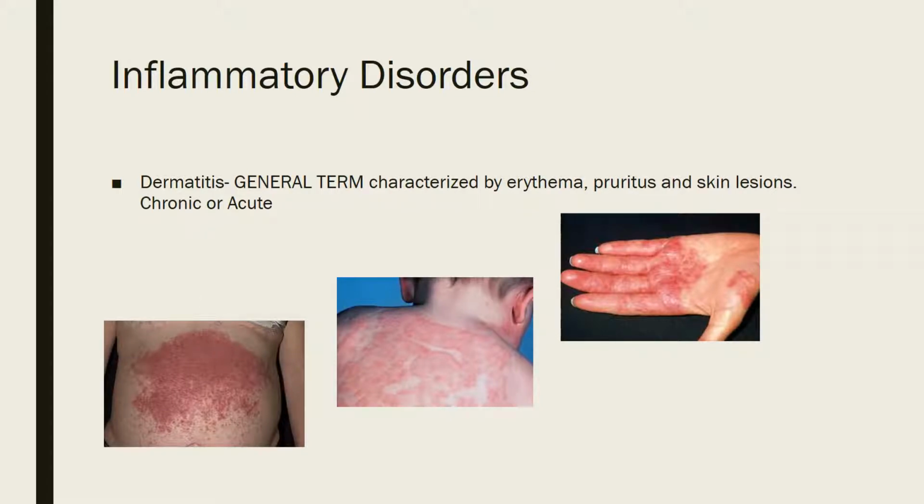All right, so we've got inflammatory conditions that can occur with the skin. We often hear this called dermatitis. That's a generalized term. And we see erythema, which is the redness, pruritus, which is the itching, and of course lesions of the skin. It can be chronic or acute.